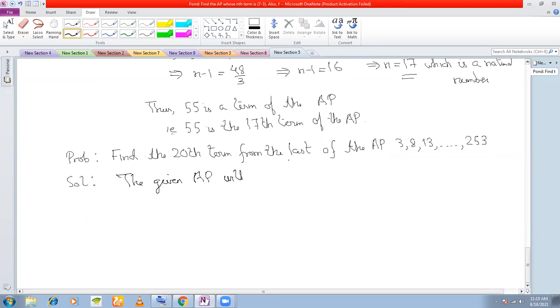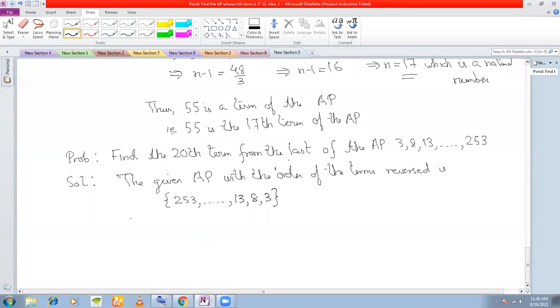With the order of the terms reversed, it is 253 and so on till 13, 8 and 3.